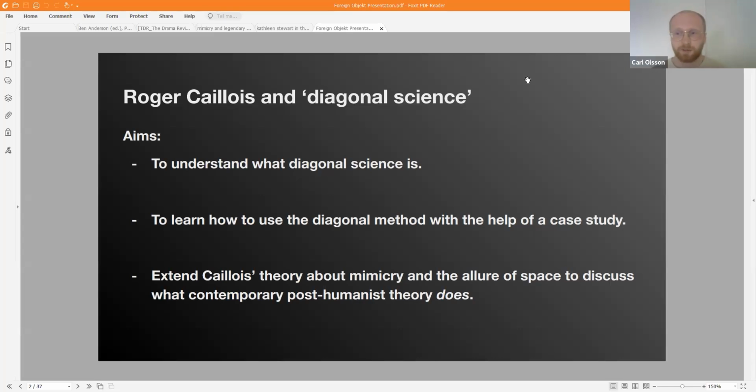And particularly, we're going to extend it to think about what a lot of post-humanist theory does. I'm talking not so much about what comes after the human, but rather new materialism, affect theory, a lot of the work that has been happening in the humanities and some of the social sciences for the past, I guess, basically 30 years now.